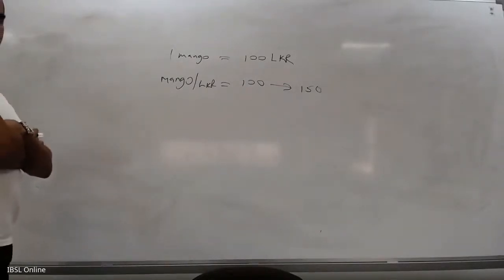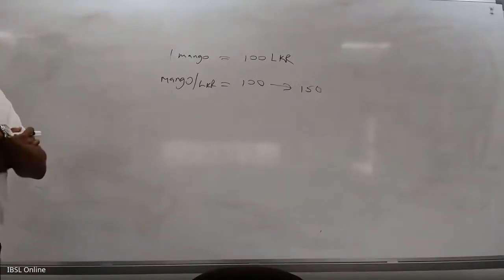From 100 it has gone up to 150. Which one has strengthened? Has the price of the mango strengthened or the rupee strengthened? The price of a mango strengthens, right? Which means the rupee has weakened against the mango.